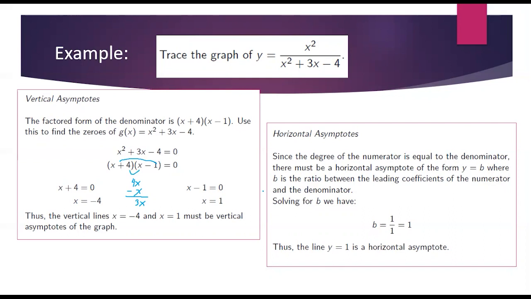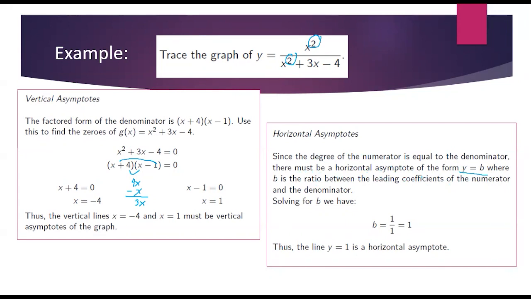How about for your horizontal asymptotes? You check the degree of the numerator and the denominator. The degree of the numerator is equal to the degree of your denominator, both of degree 2, so there must be a horizontal asymptote of the form y is equal to b, like what we discussed a while ago.